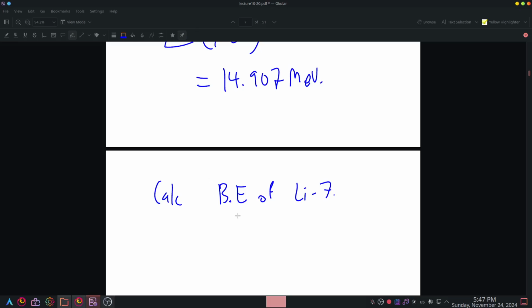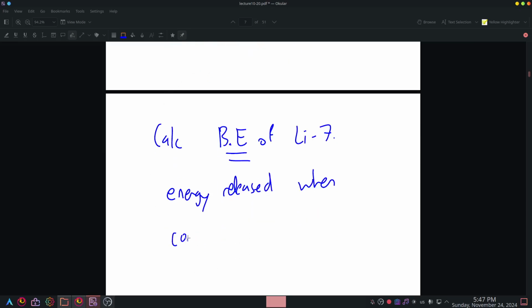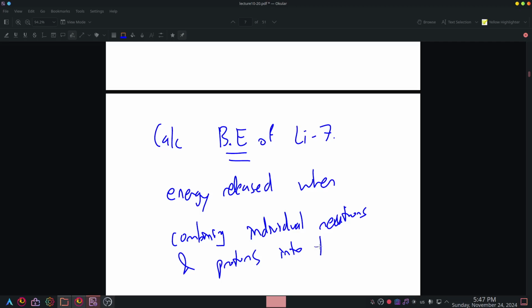Remember our definitions. Binding energy is the energy released when combining the individual neutrons and protons into the nucleus.